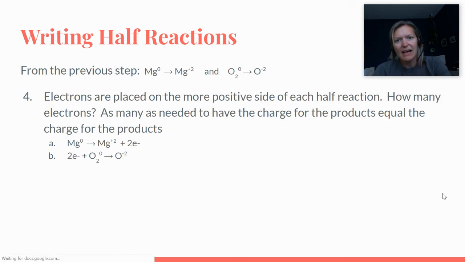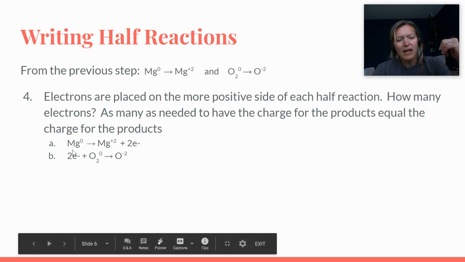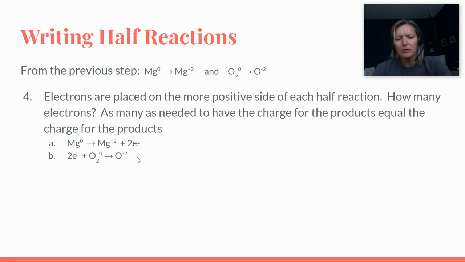Now we're going to take that and these are not balanced. I realize it's 1 to 1, but 0 for magnesium to a +2, can't have it. We can't get rid of matter. We can't even lose electrons. They just can't disappear. So we have to place the electrons. We're going to place them on the more positive side of each half reaction. Which means for letter A, magnesium 0 to magnesium +2. If the +2 is more positive than a 0, we're going to put electrons there.